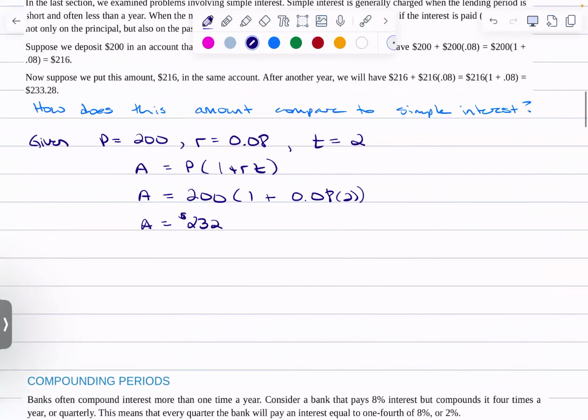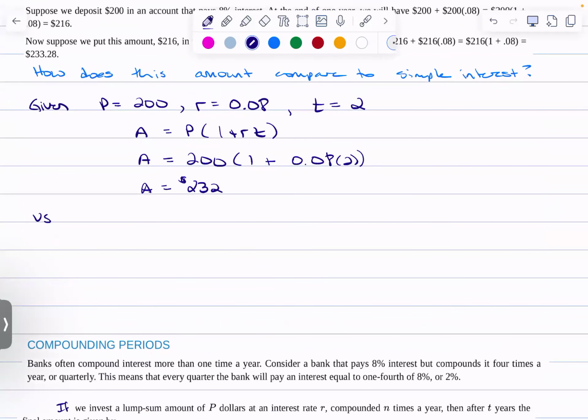And so versus 233.28 for interest, and I'm going to introduce the terminology here, interest compounded annually.